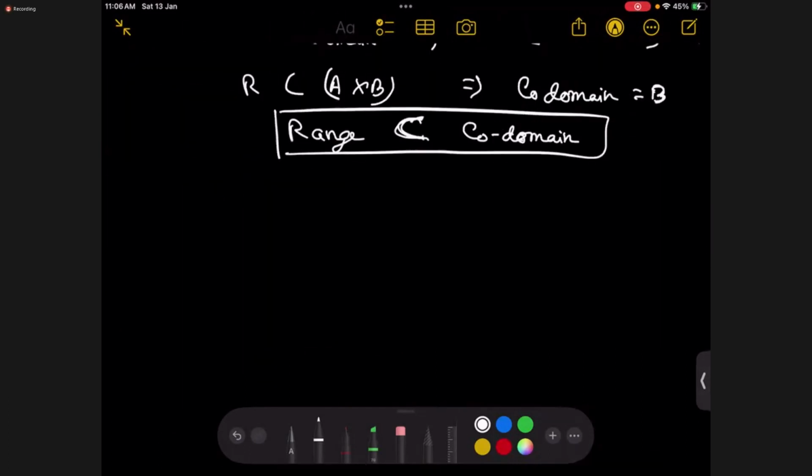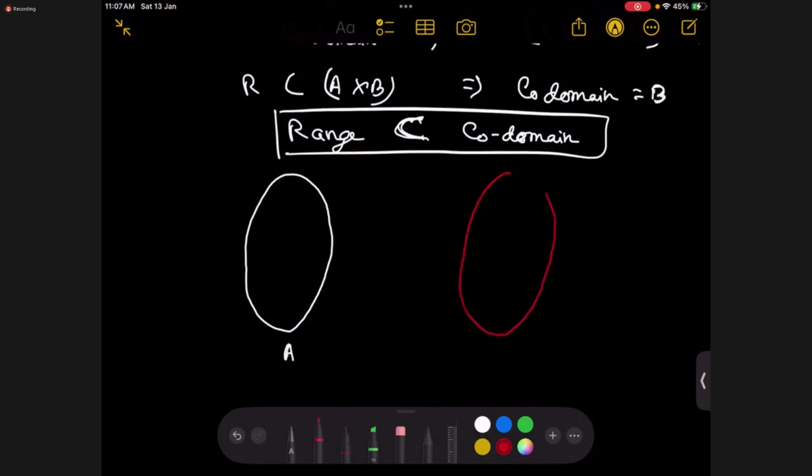This is the set A, and the domain is a subset of this set A, and this is our codomain set, which can be B. But in this case, both are A. This has elements 1, 2, 3, 4, 5, 6, and this has elements 1, 2, 3, 4, 5, 6.